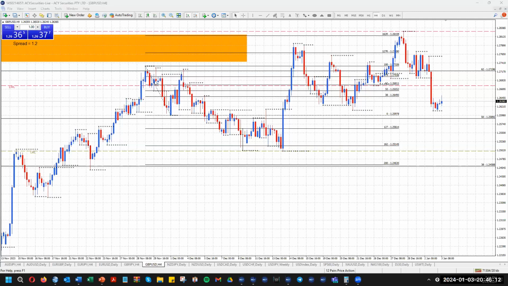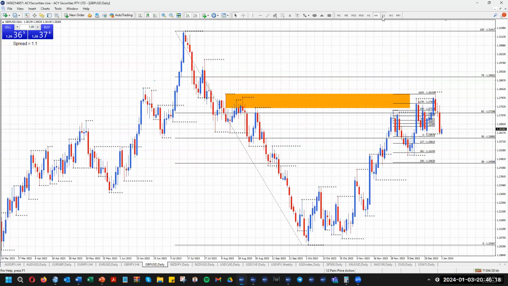All right, so let's just drop back to the day chart. All these highs over here to the left, you can see we traded into those highs, and ultimately we have failed through the course of December.